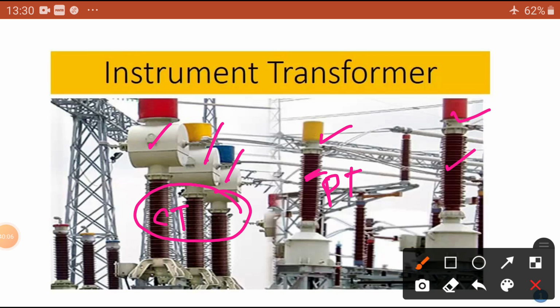Current transformer R phase, current transformer Y phase, current transformer B phase. So it will measure the current in the line. It will measure the voltage between the two lines, voltage R phase and Y phase. Okay, so these are the voltages in a 220 kV substation, or sometimes we can measure 400 kV substations. Okay.